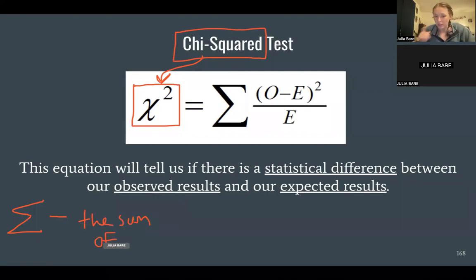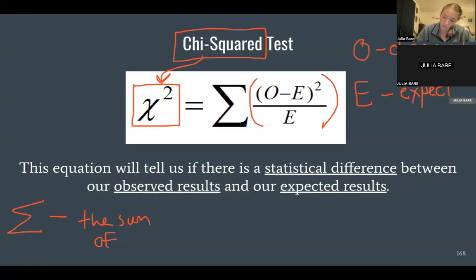So all that means is we're going to be doing repetitions of the sum of this equation. Now, O in this case stands for the observed frequencies, and E stands for the expected frequencies.